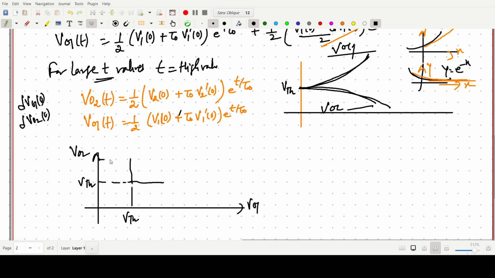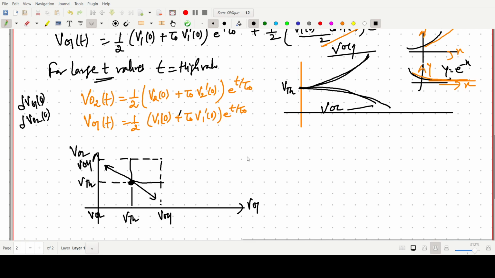Either it will go to this VOH, or this VOL. So this is our phase representation of the bistable circuit.